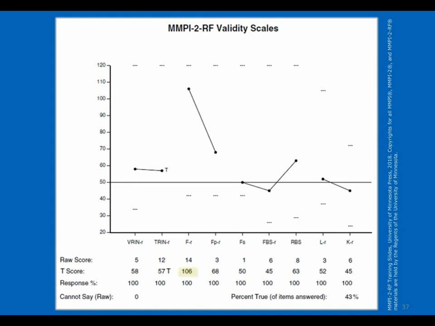And if they do, then a FR score at this level is fairly consistent with that confound. On the other hand, if they don't have a history of mental health treatment or severe psychological problems, then it's much more likely that this FR score indicates to some extent overreporting, which the scale is intended to assess.